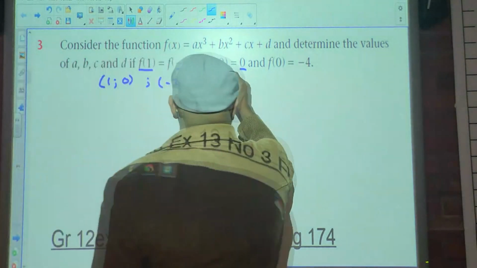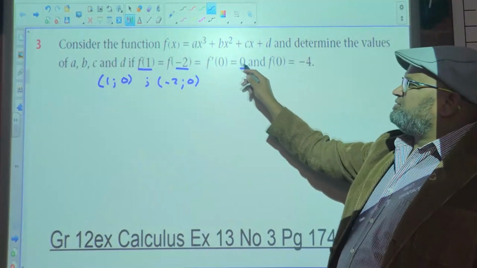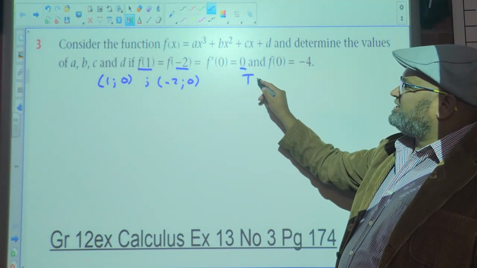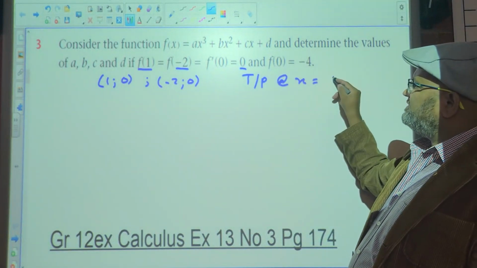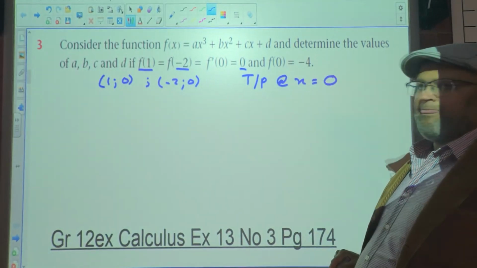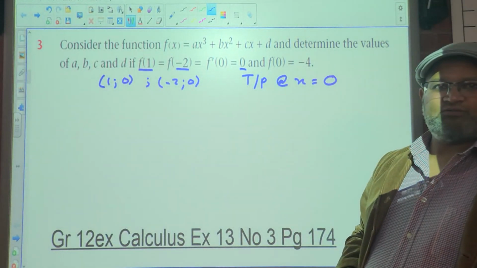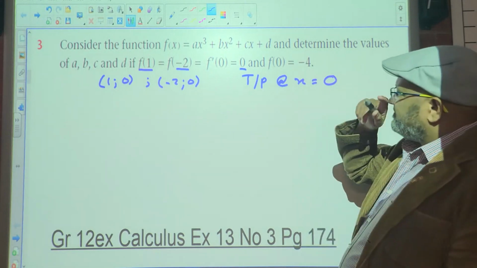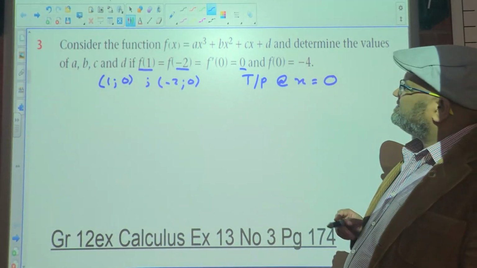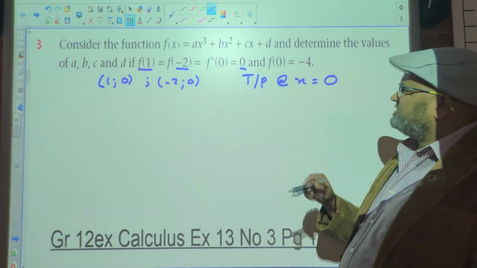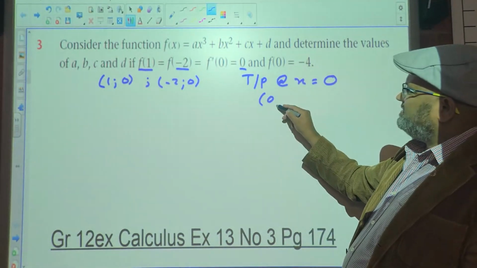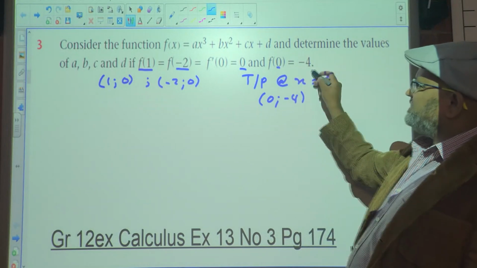And if f prime 0 is 0, which means to say the turning point is at the x value of 0. It's not the coordinate 0 and 0. Okay? So the turning point is at x equal to 0, and this is 0 and minus 4. X is 0, y is minus 4.